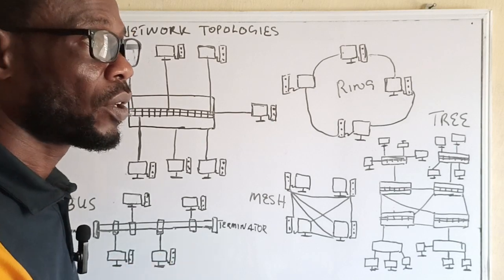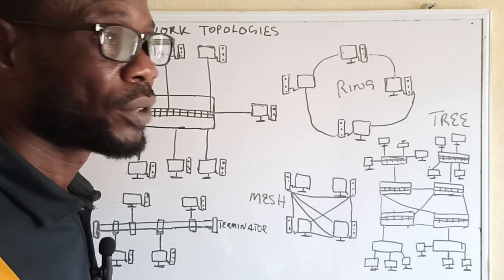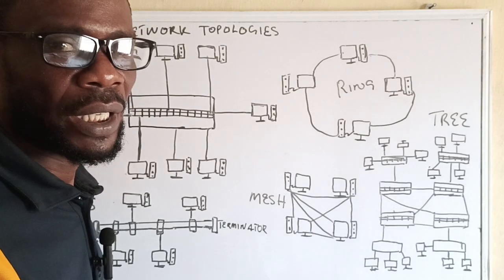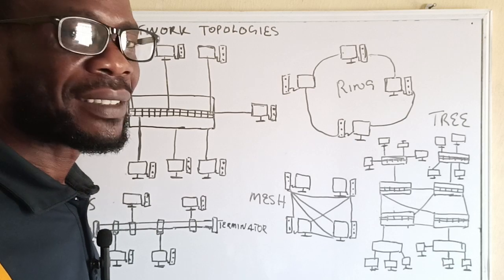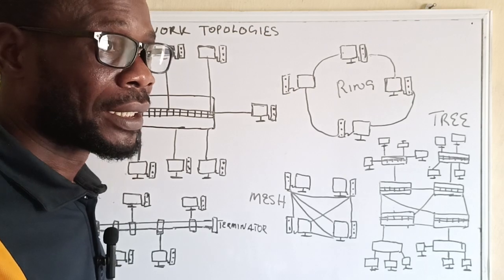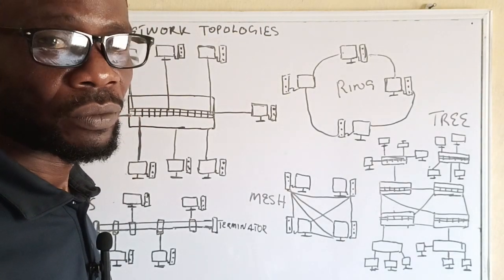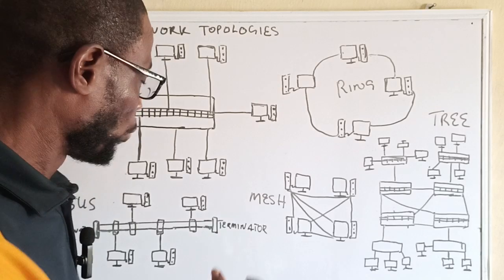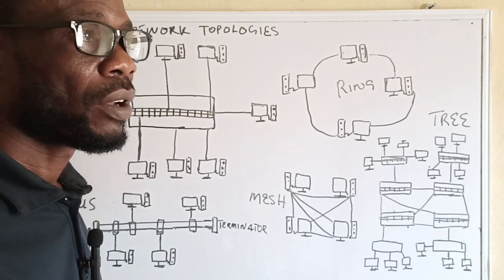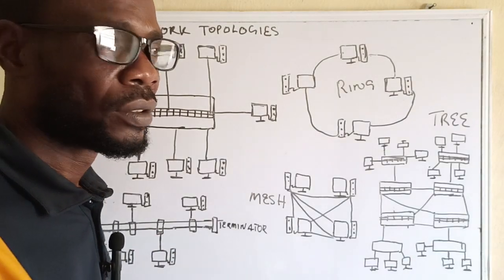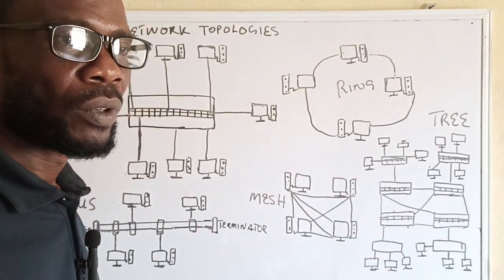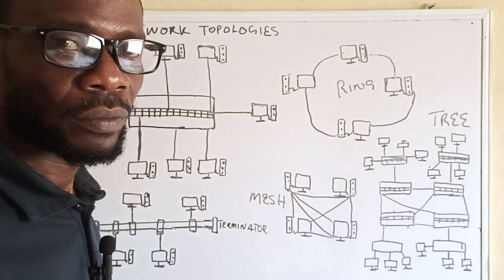A bus topology uses a media access method called Carrier Sense Multiple Access, that is CSMA, to manage the flow of the communication. It uses CD, that's collision detection, to detect collisions.